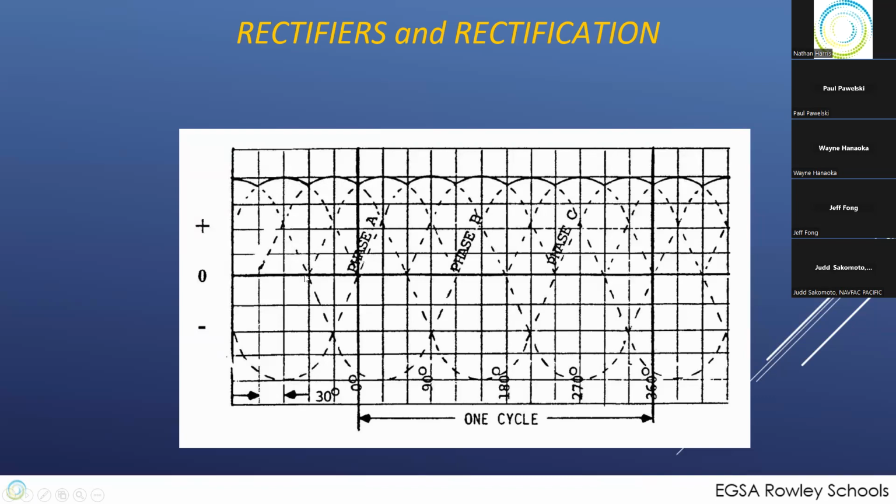Remember, RMS was a form of averaging. It's saying, what if you had a full sine wave, what would be 70.7% of it? Well, we never get down to that 70.7 line on any of these curves.